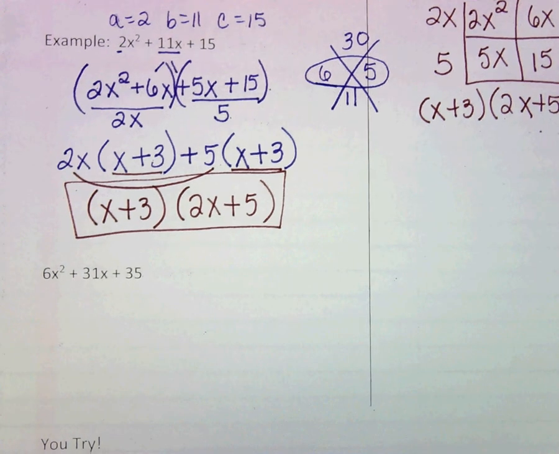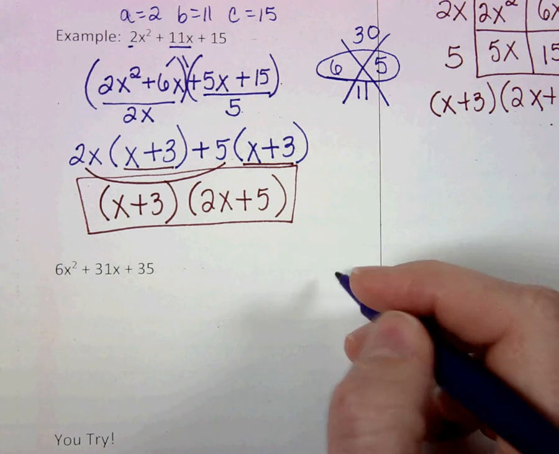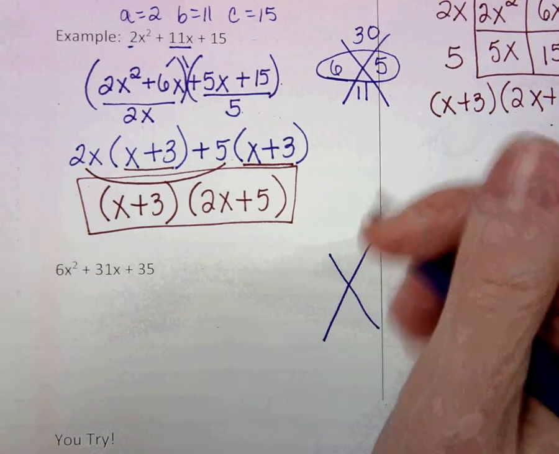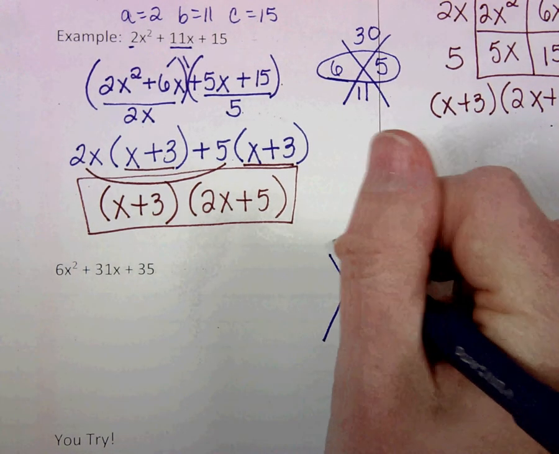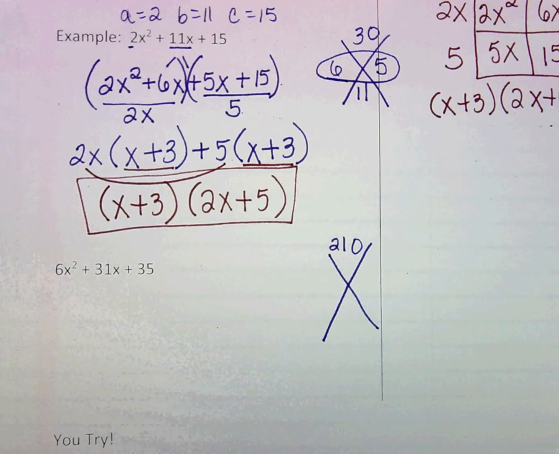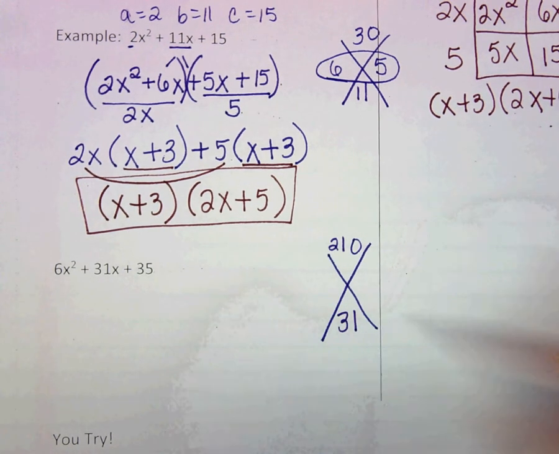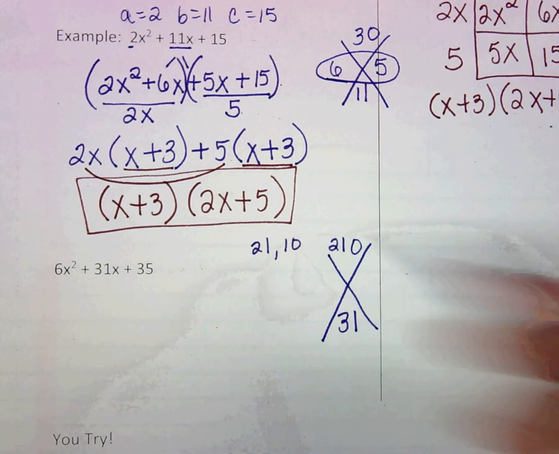Okay, let's see if we can do another one, especially with splitting the middle term, because I think that's a little tricky. Okay, I'm going to make my x, and unfortunately I'm not done the answers, so you're going to have to keep me from messing up. So 210 and 31. Okay, so I got lucky. We're going to use 21 and 10, right?